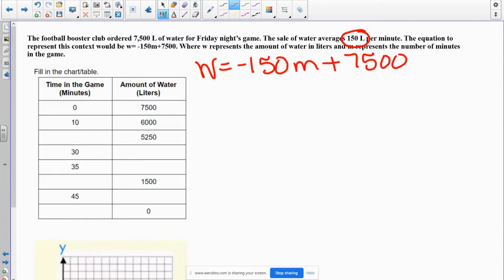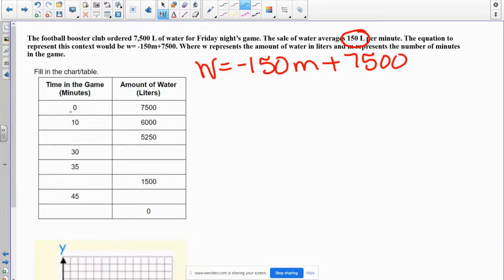So every minute that goes by, 150 liters of water is purchased, which means you have less that much. So that's why it's a negative 150. M represents how many minutes there are in the game. And then again, you're going to add that to the amount of water we had at the beginning, which again was 7,500 liters.